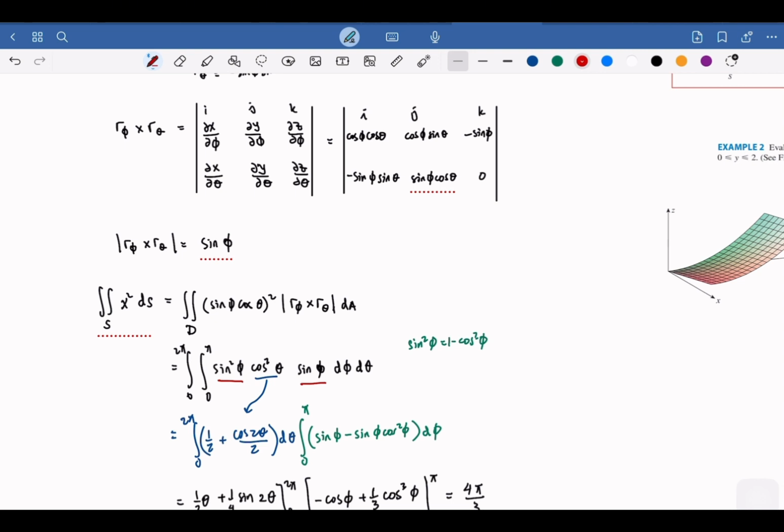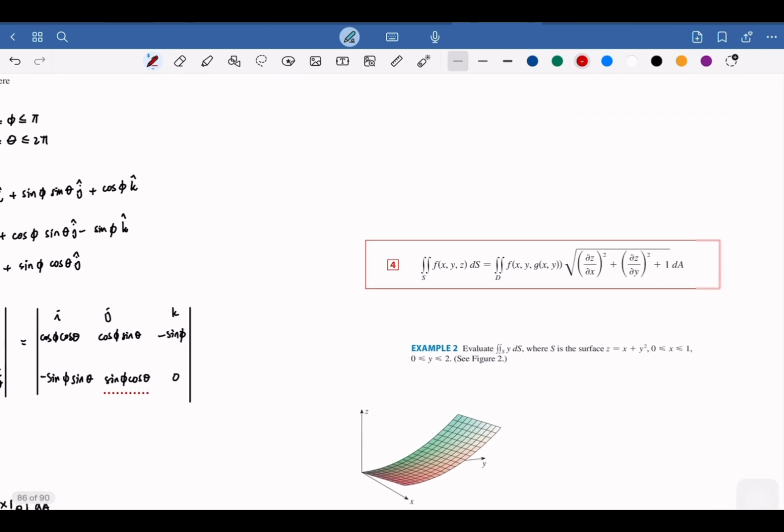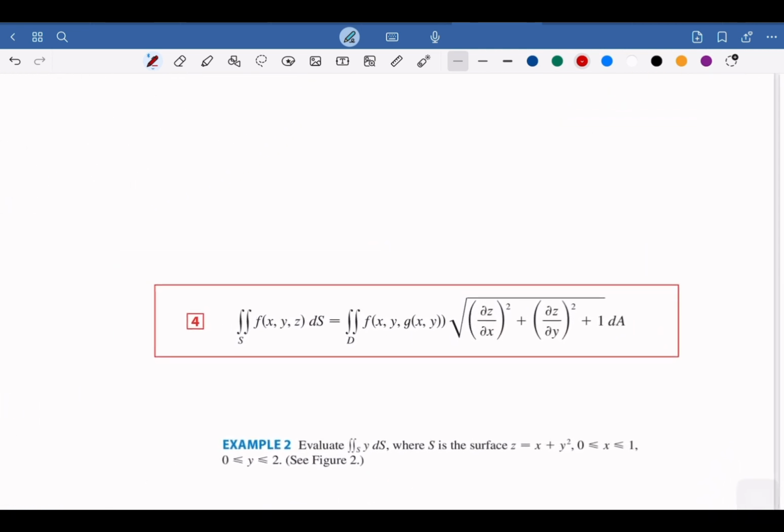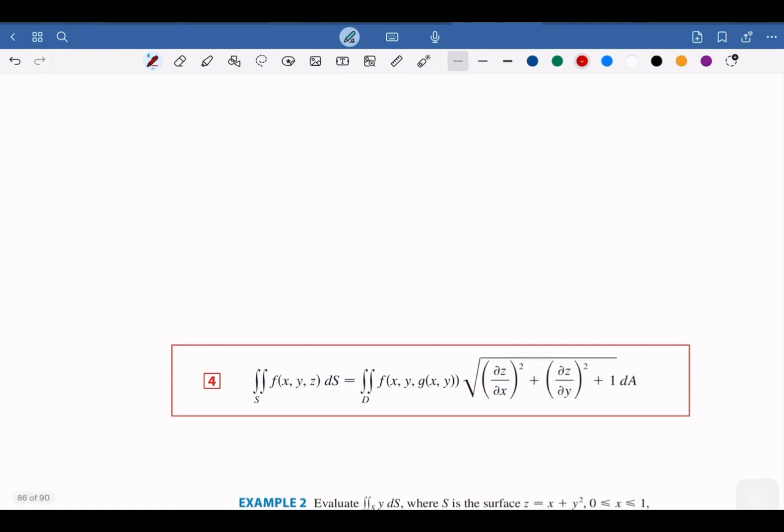I think we have a little bit of time here. Just one note that is still related to the previous one. Take any surface S with equation z equals g of x y.